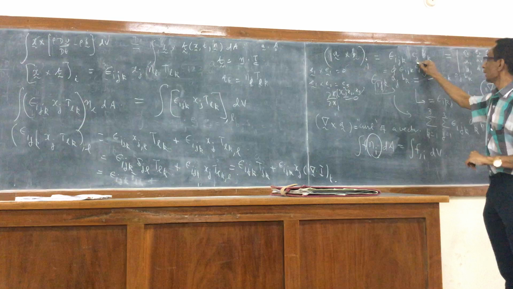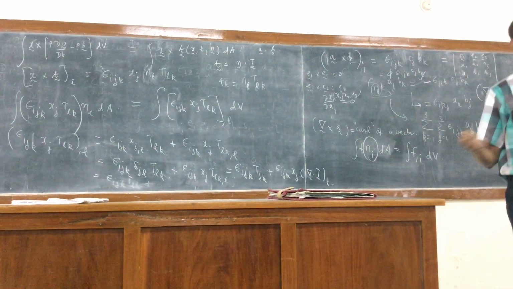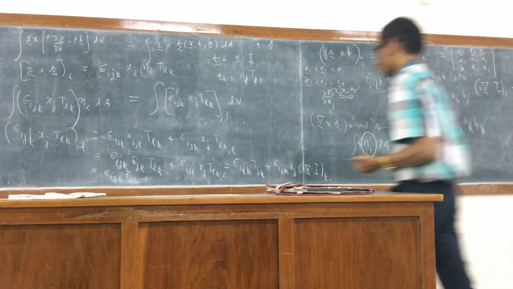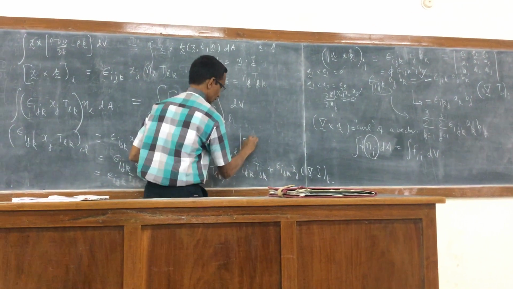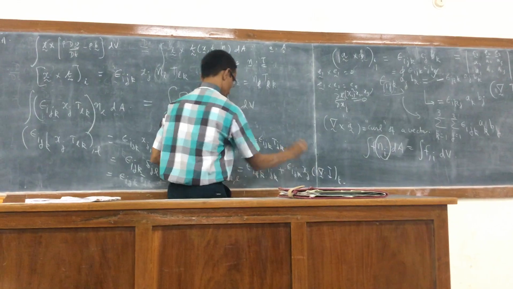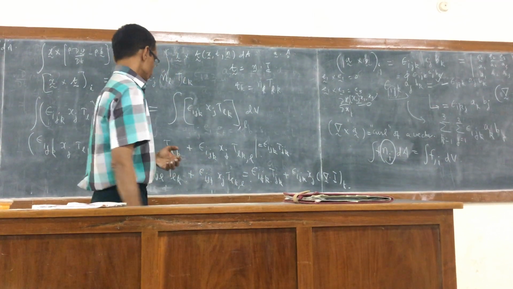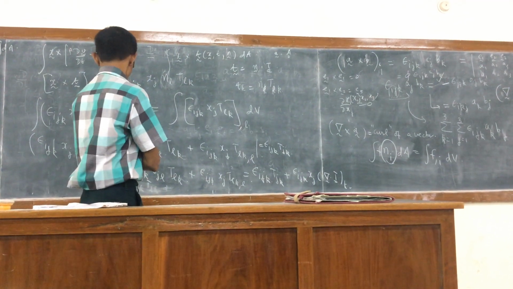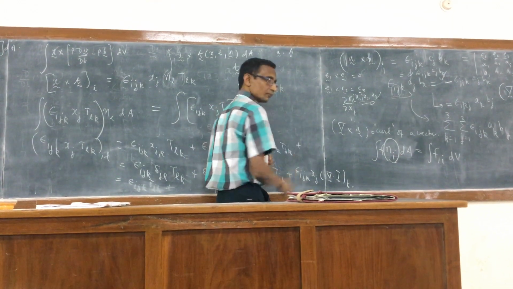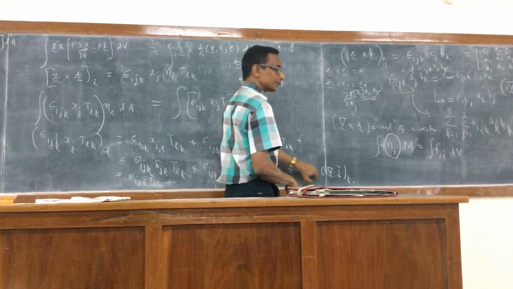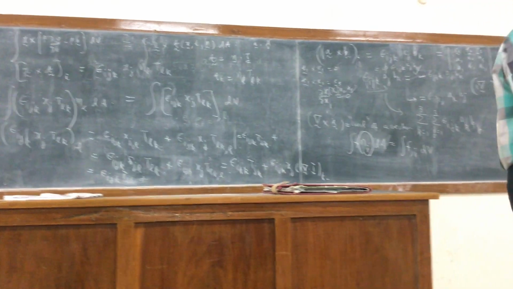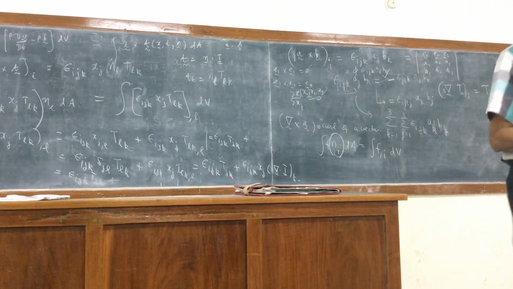Epsilon_ijk a_j b_k is the cross product of vectors A and B, right? So clearly, now this would be equal to this, which is the ith component of the cross product of x with the divergence of the stress tensor, right?